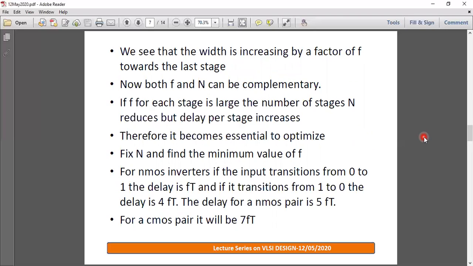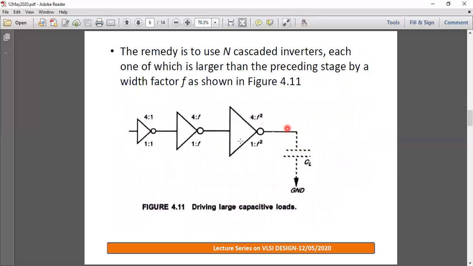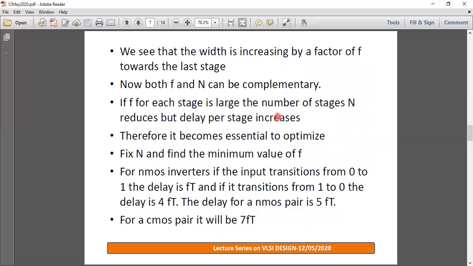So in order to have low resistance value so that we can reduce the delay, we end up having higher W value, which in turn will increase the chip area. The width is increasing by a factor of f towards the last stage.